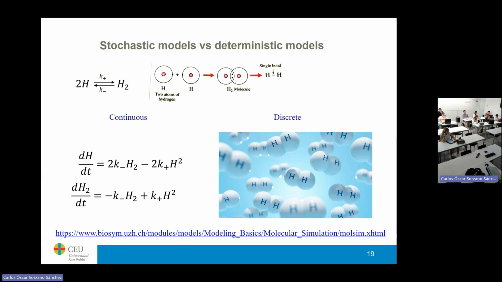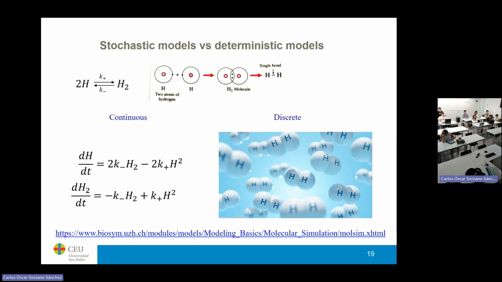And they transform into a molecule at a rate K plus. Because the molecule is appearing, we have a positive sign here. But if it has a positive sign here, they have to disappear from the pool of atoms. And the rate at which they disappear is again twice this one, because 2 atoms are disappearing from the pool and appearing as a single molecule. So here we will have 2, here we will have 1.